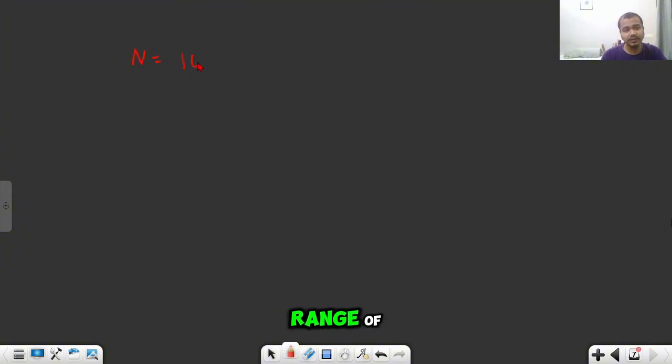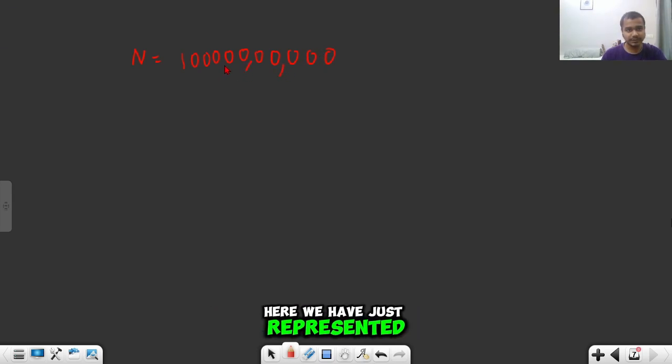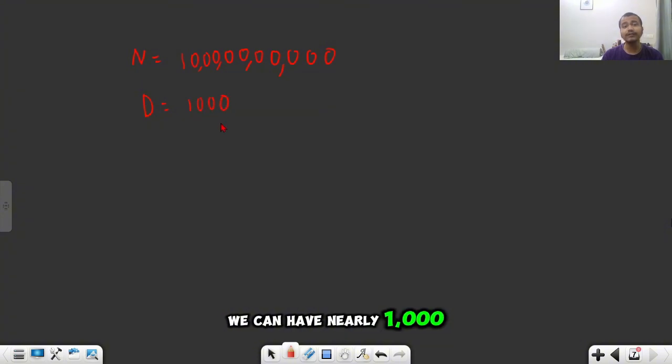N can be in the range of crores, somewhere like 10,000 crores. And if we think of features, we can have nearly 1,000 features. So p is going to be nearly 1001, but that doesn't matter because it's just a minute change.